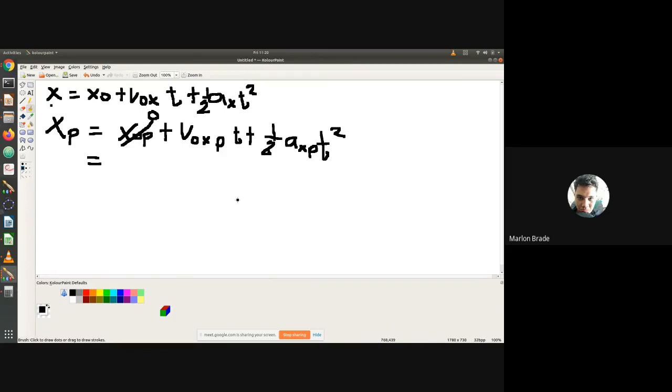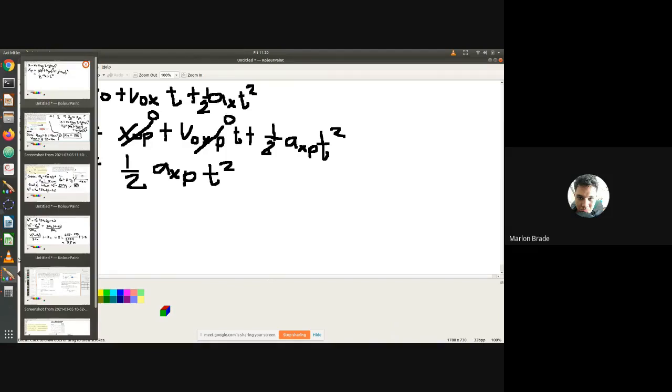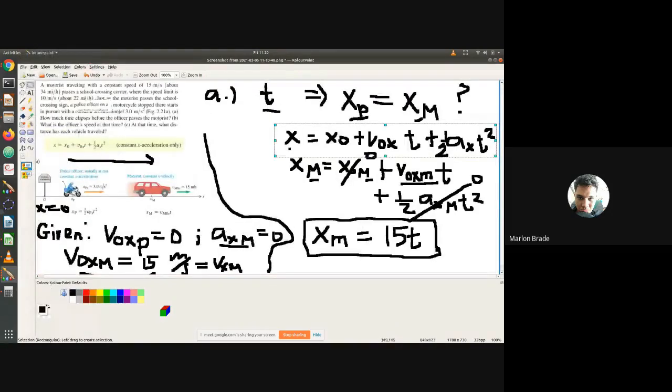What is the initial velocity of the police officer? The police officer is initially at rest at the skull crossing corner, so the initial velocity is also 0. What is the acceleration? The problem says: just as the motorist passes the skull crossing sign, a police officer on a motorcycle starts in pursuit with a constant acceleration of 3.0 meters per second squared.